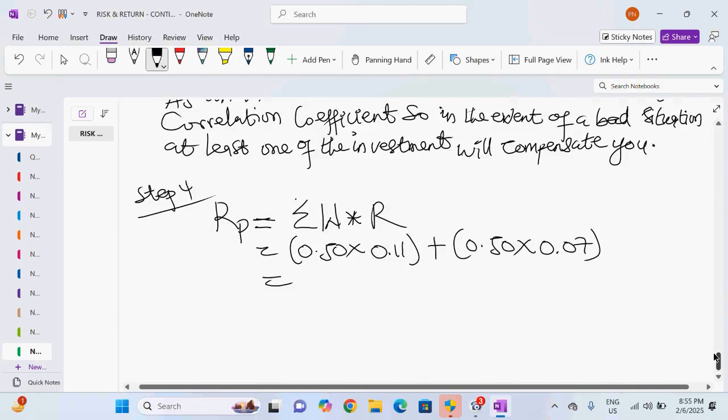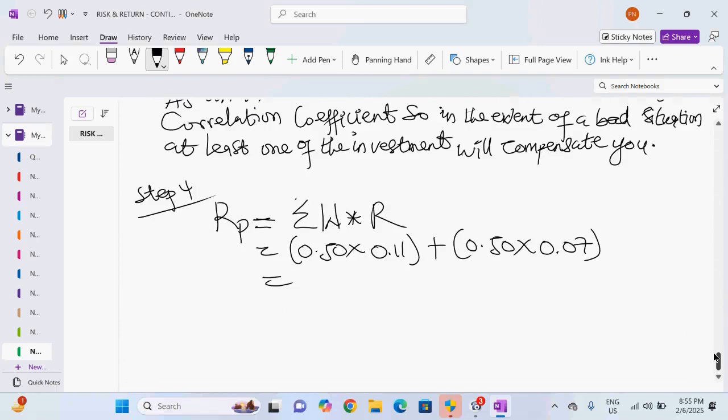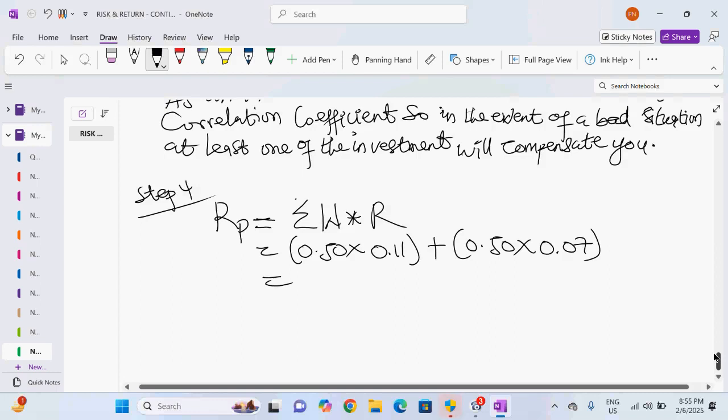So then what is our portfolio return? 0.09.